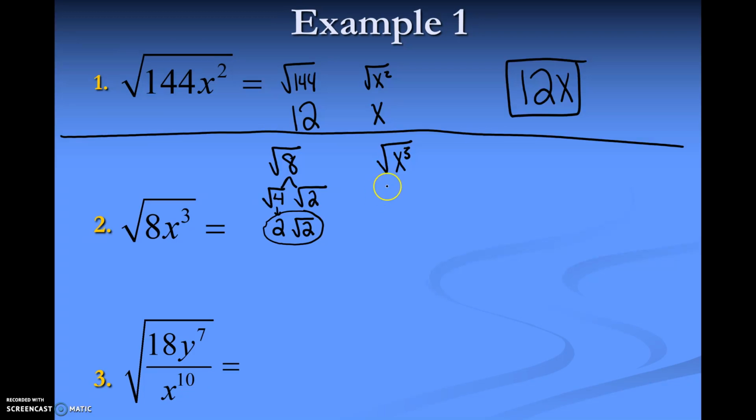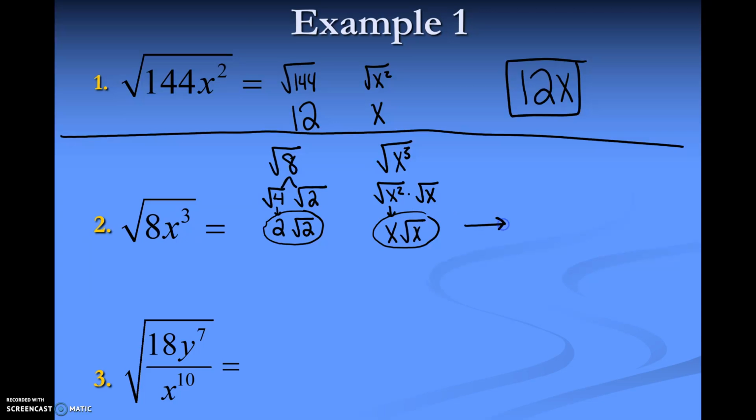The square root of x to the 3rd, we can split that into the square root of x squared times the square root of x. Do you all see that there are still 3 factors of x under the radical? Yes. 2 of them under the first one and 1 of them under the second. The square root of x squared is plain x. So our variable portion of this is x times the square root of x.